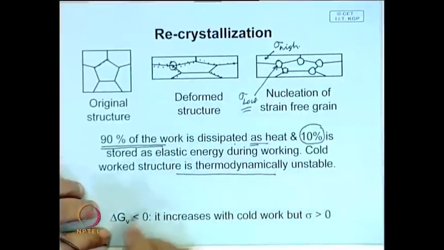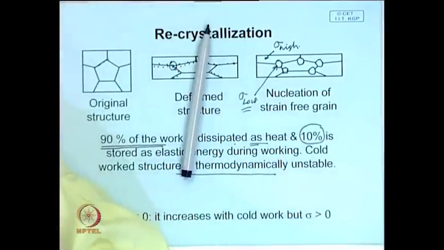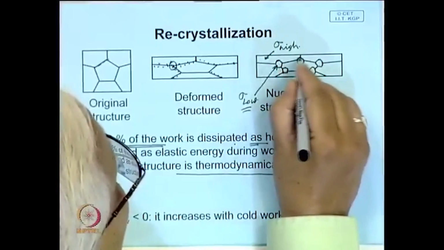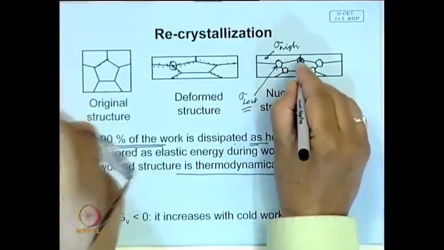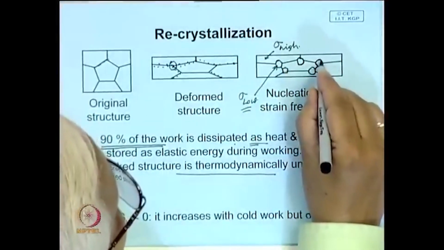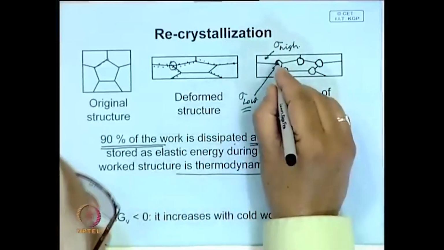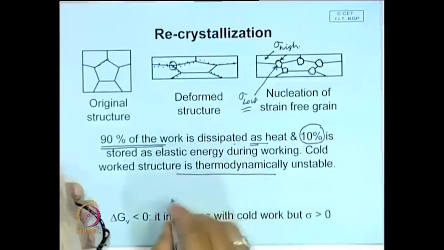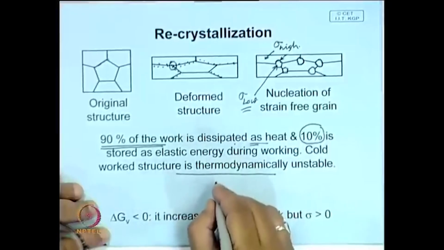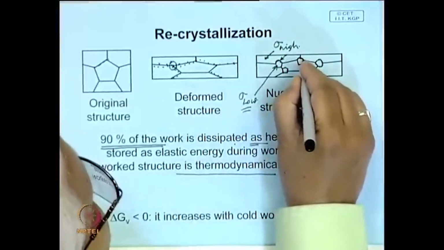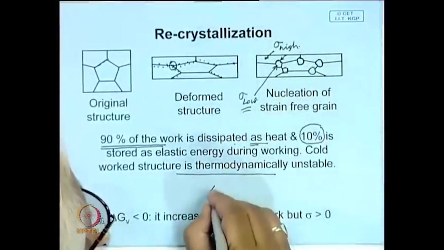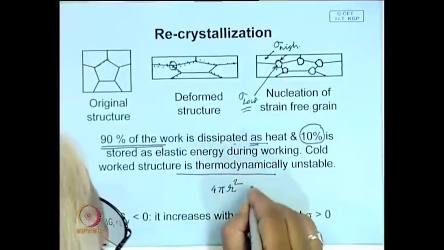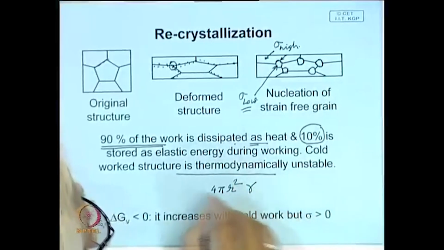And in fact, what you can see here, it is possible that this cold work grain is replaced by the strain free grains. So, these are the strain free grains. New surface is being created, this also has some energy, and if we assume these are spherical, its surface area will be 4 pi r square, and its surface energy, if we say, is gamma.